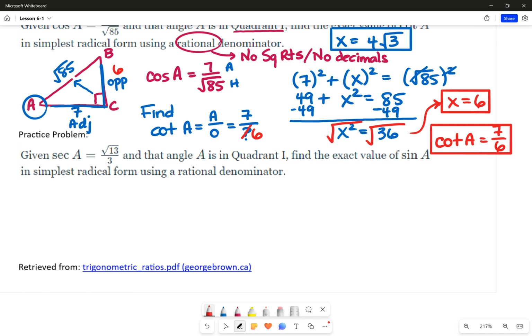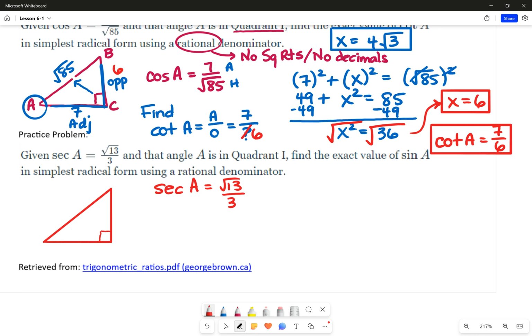All right, so let us draw this triangle again. Make it a right triangle. All right, this is my 90-degree angle. So they gave us secant of angle A is square root of 13 over 3.